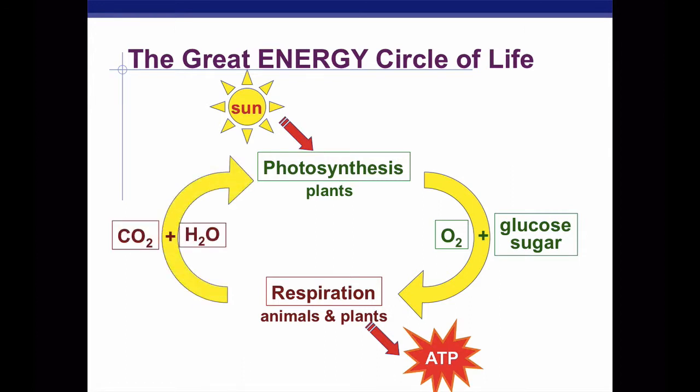So we've got the sun, photosynthesis, plants, and some protists like algae producing oxygen and glucose. Those two things are used for respiration in animals and plants and fungus and protista to make ATP. And then respiration makes CO2 and water, and then plants use that for photosynthesis.